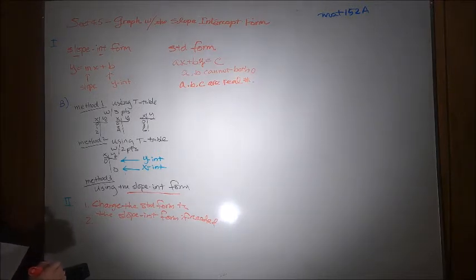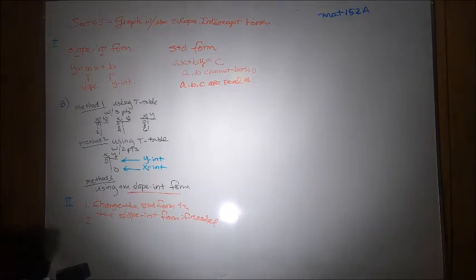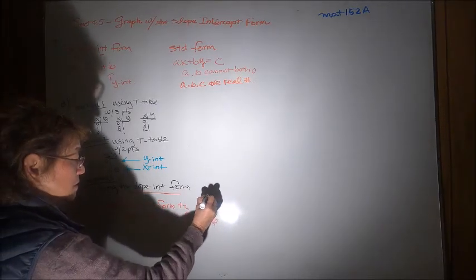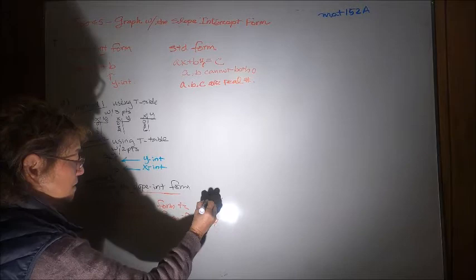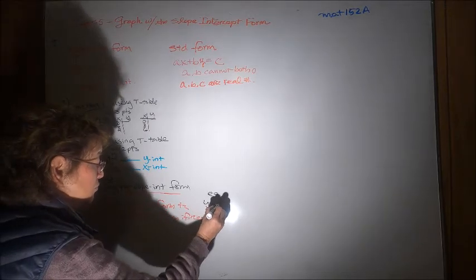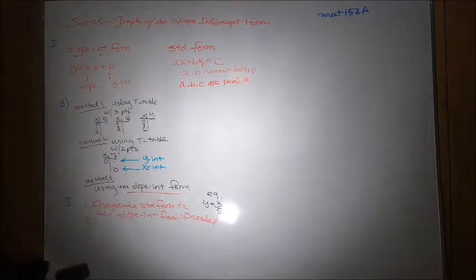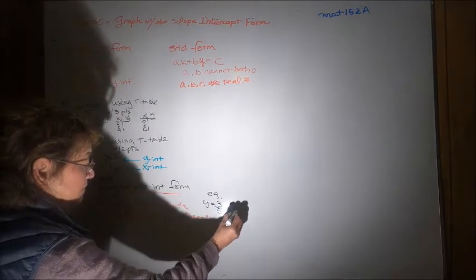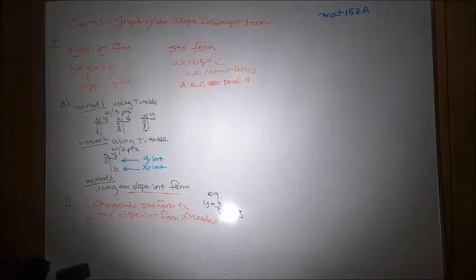For a slope-intercept form, an example is, say you have y equals 3/5 x minus 3. This is a slope-intercept form, right?